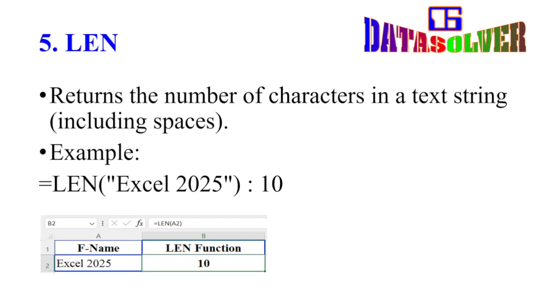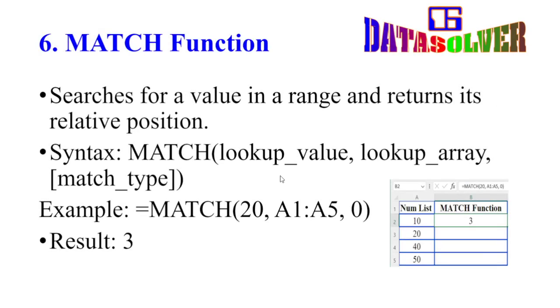So our next function is the MATCH function. The MATCH function searches for a value in a range and returns its relative position, just similar to FIND. The difference is that the MATCH function is always applicable to numeric values, unless you are using a combination of multiple functions with string functions, and then you can use it with alphanumeric.